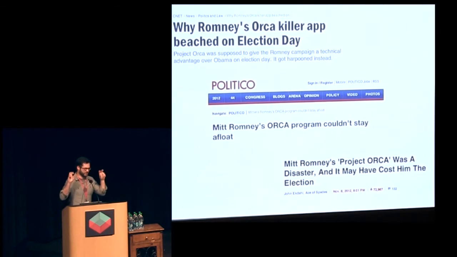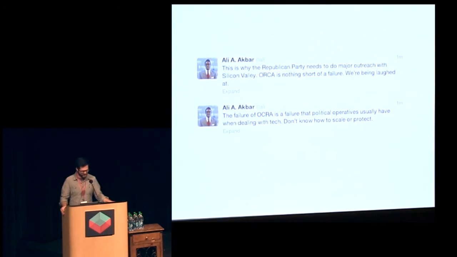Our sort of secret data service was called Narwhal, and someone from their campaign on television said that they called it Orca because that was the only known predator of the narwhal. So hubris, beware, right? So we started hearing this news on election day during the afternoon, and all these tweets were flying around. And I won't lie, there were people in headquarters who thought it was pretty hilarious.